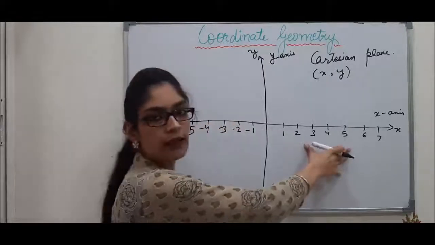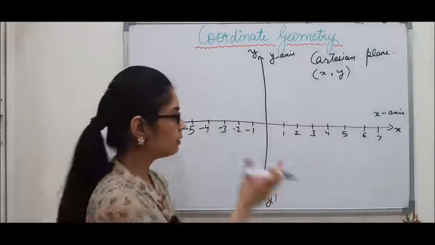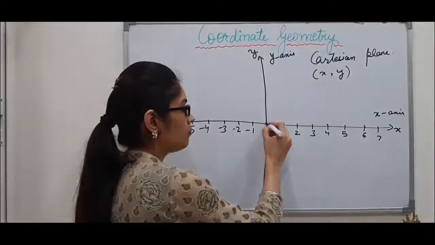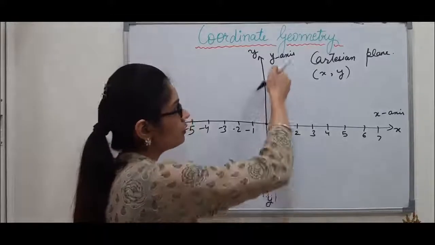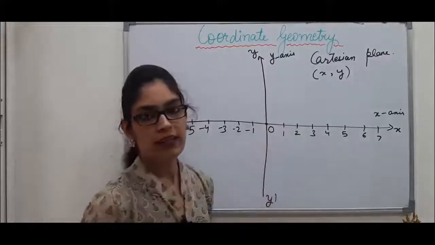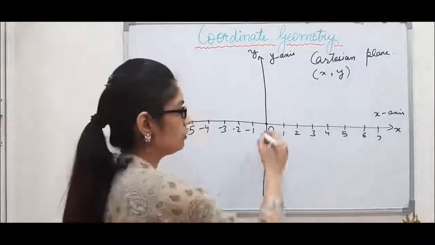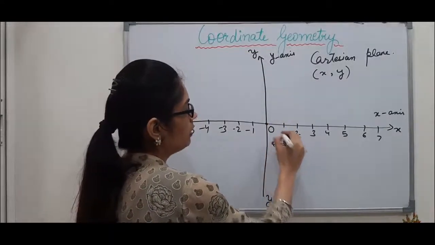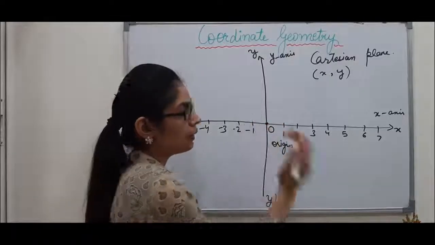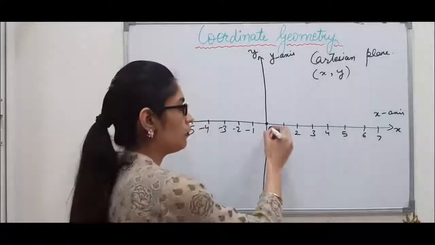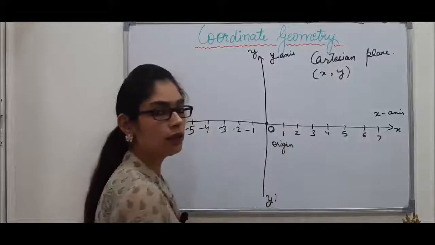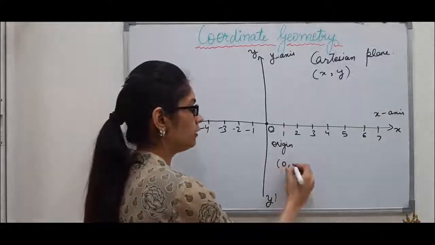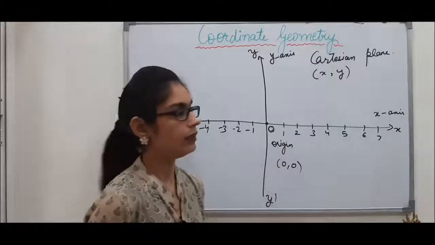But this side you have positive values of x, this side you have negative values of x, and here it is 0. This is the point where both of the axes intersect with each other. This is known as the origin, and it is represented by O. Numerically, the value at this point is 0, both x and y are 0. So you have to represent this point like this.